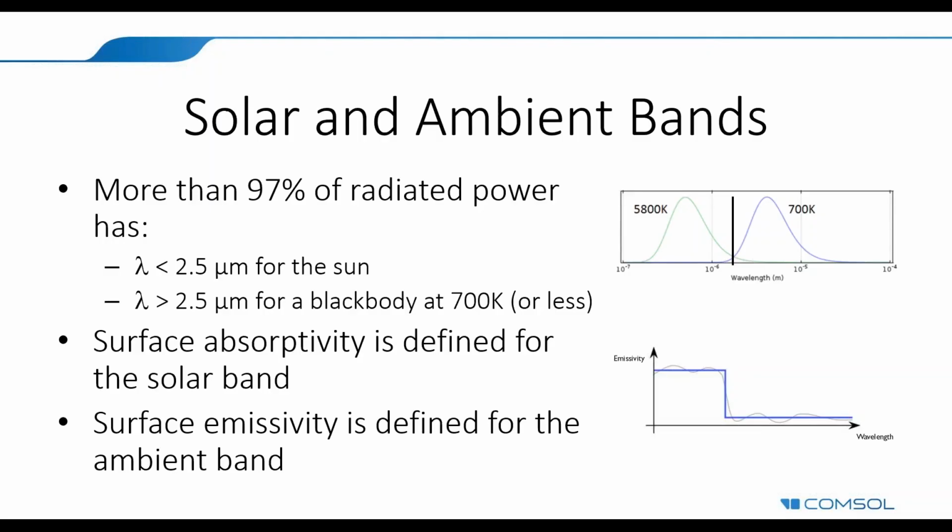So in other words, there are two separate ranges of spectral bands, one for the solar radiation and one for the infrared radiation that is emitted by the objects at classical temperatures. So the idea here is to define one material property like the emissivity for the solar band and give another value for the ambient band.